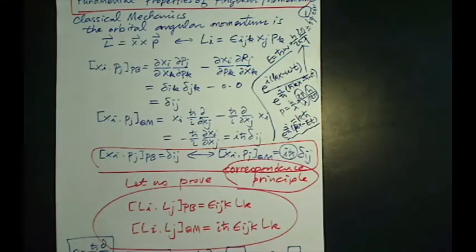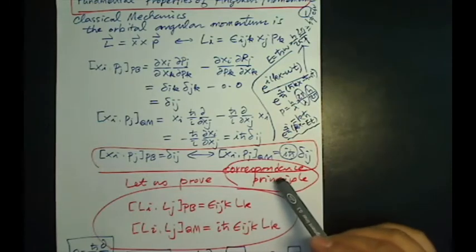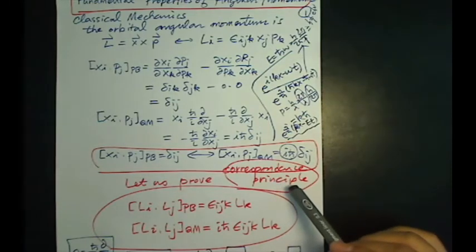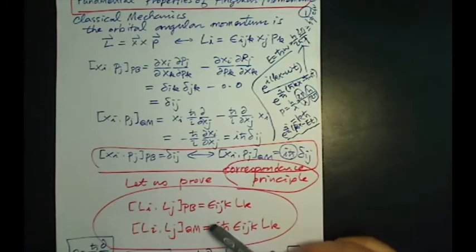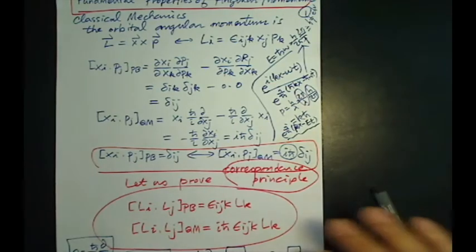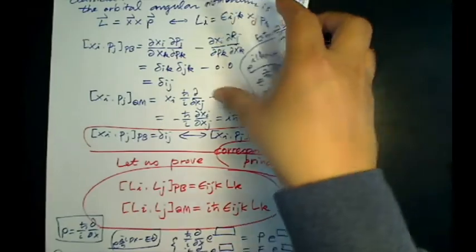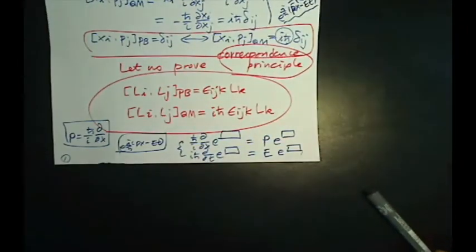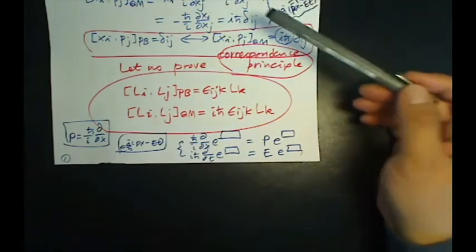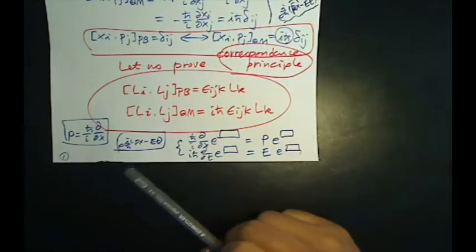Once we prove this, by making use of the correspondence principle, we just multiply i h bar to the right-hand side and replace the Poisson bracket with the quantum mechanical commutator. This is the basic reason for the i h bar factor appearing like that.